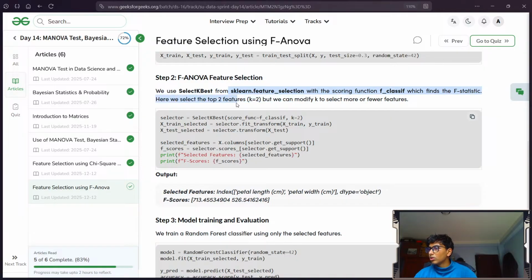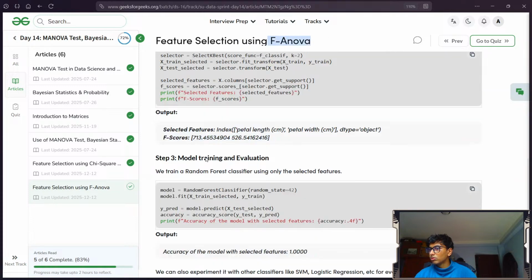Here we take the top two features, k=2, but we can modify k to select more or fewer features. So we are selecting only two features, petal length and petal width, which are the two features with the top F-scores.